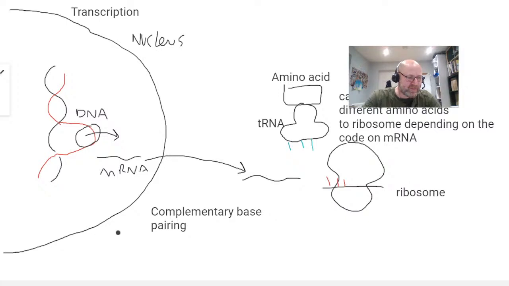Anyone know? So you've got A and T, and G and C go together. A and T, G and C, and we call this complementary base pairing. Nice one.